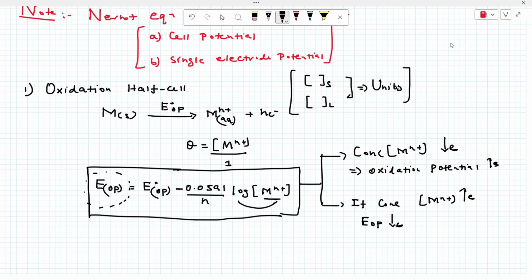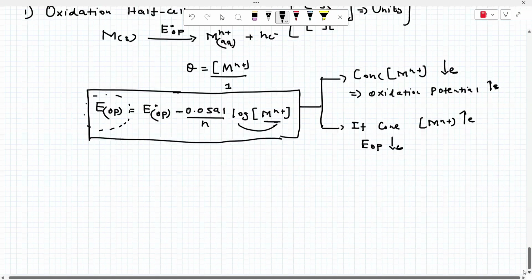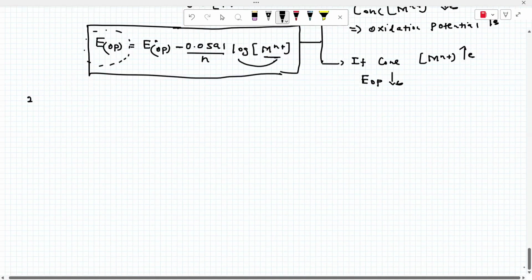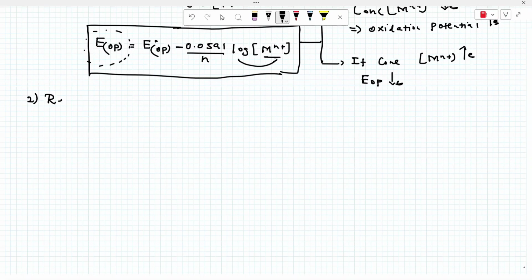Now, what about the reduction? Please note, second: the reduction of the cell.